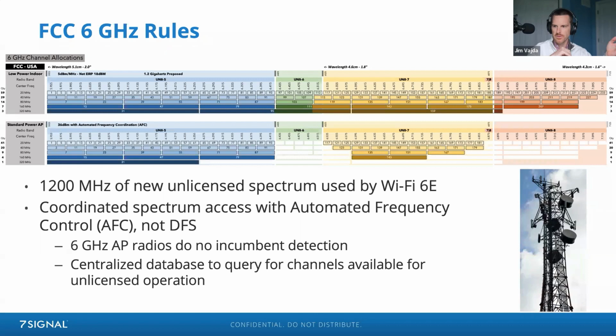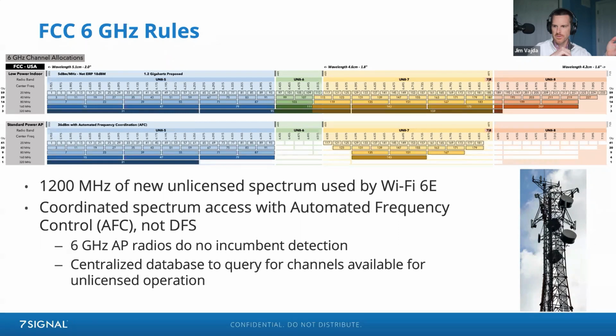This was proposed in 802.11af for the TV white space operation, and also this is very similar to what private 4G, 5G uses in CBRS with the SAS, the Spectrum Access System. But what's different here is now the APs are not doing any incumbent detection.